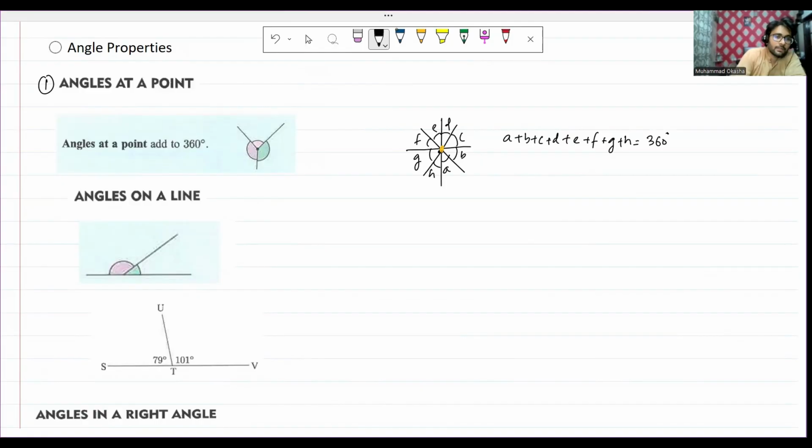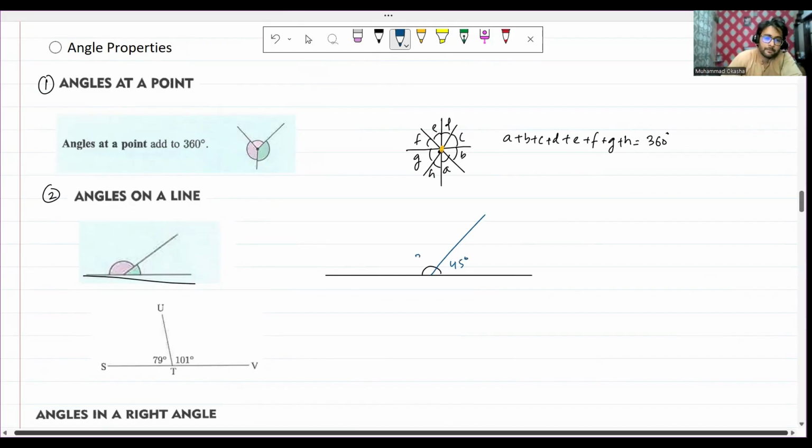Next, we have angles on a line. Okay, so whenever we draw a straight line, remember the angle on a straight line is 180 degrees, right? So if I were to split the angle, let's see, if I were to draw another line. Let's say this angle is 45 degrees. How much would the rest of the angle be? Well, let's call this X, and we know that all of these angles add up to give 180 degrees, right?